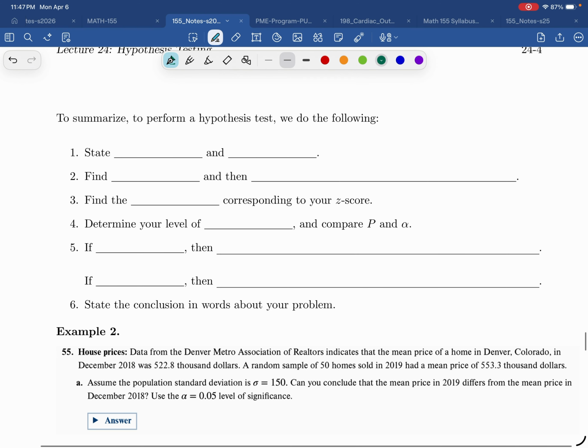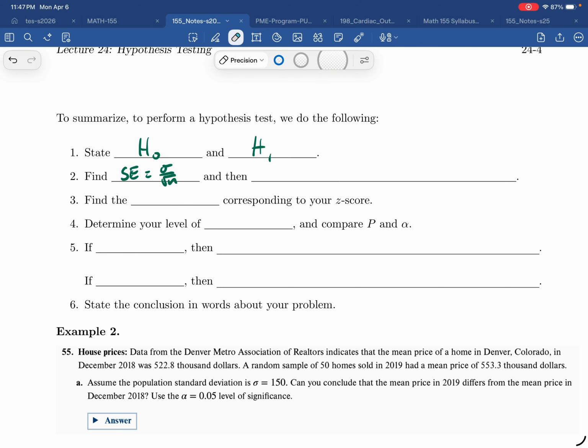So anyway, what did we do? What did we do to perform a hypothesis test? Well, for starters, we stated the null and alternate hypotheses. We found the standard error, which in our case equaled sigma over root n.